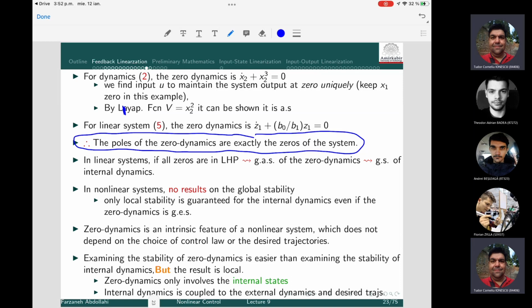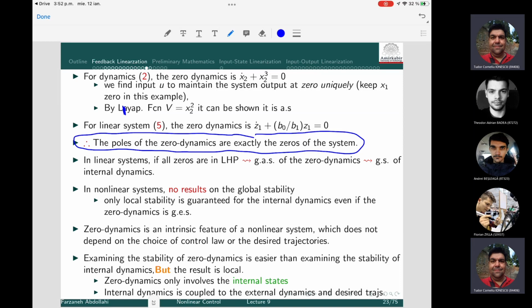I can do this for single input, single output systems, but not for the moment for multiple input, multiple output systems. But this is a way to look at it. I'm not sure if zero dynamics is connected to single input, single output only, or whether you can compute zero dynamics for multiple input, multiple output systems. This is something I have to think about. Very interesting.